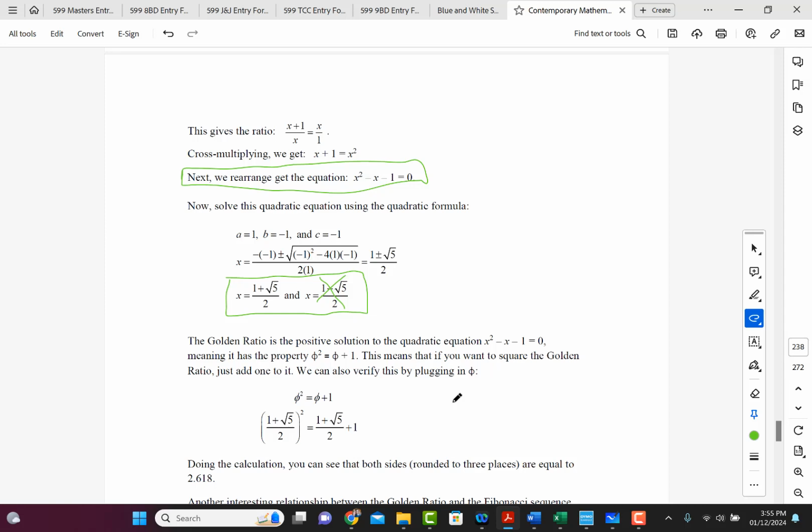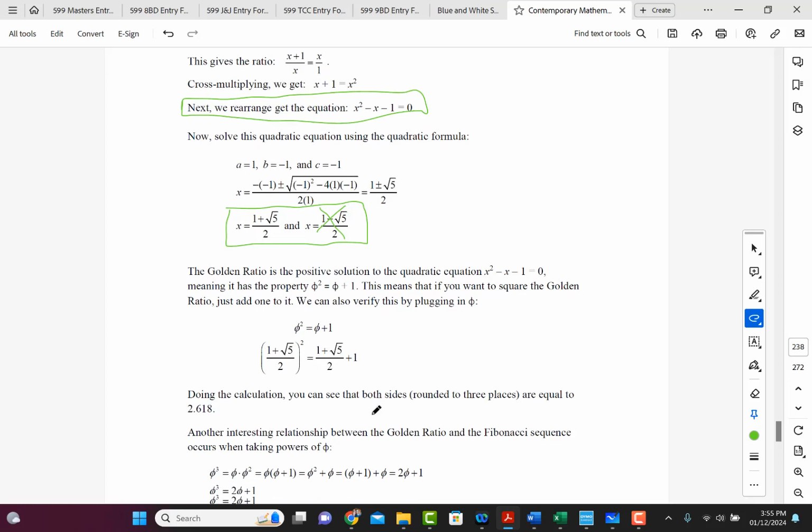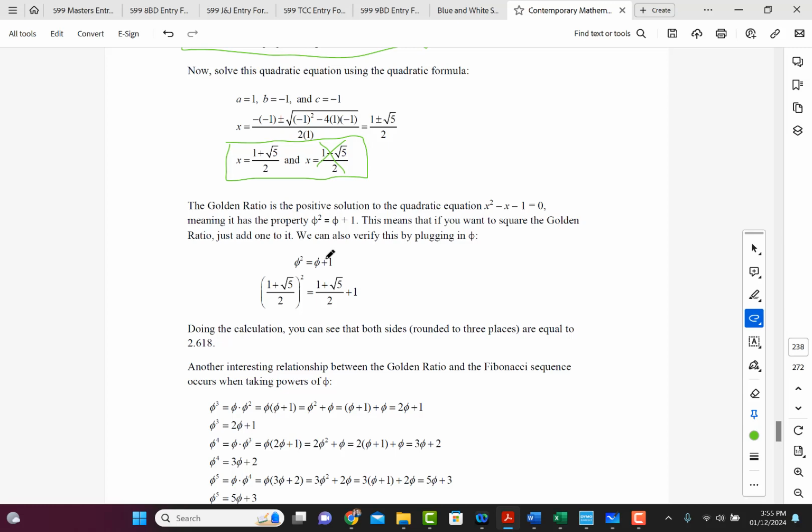We can also verify this by plugging in phi.